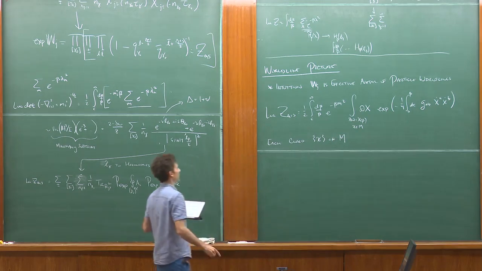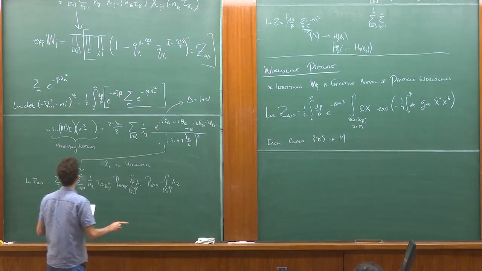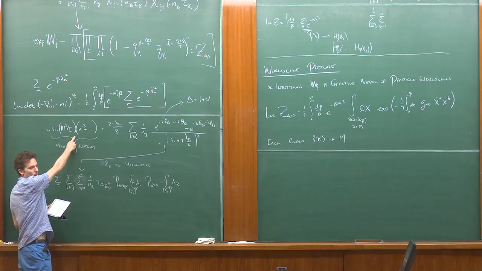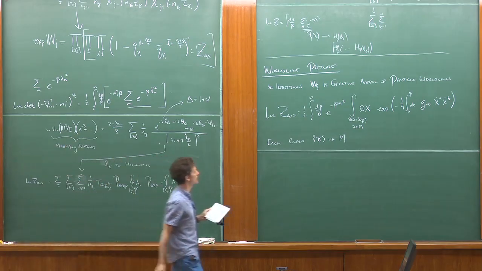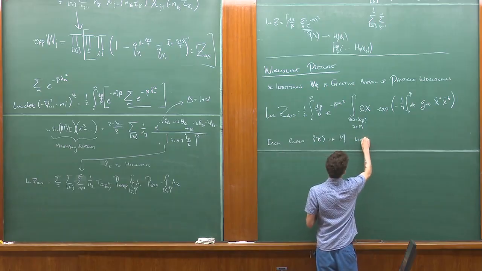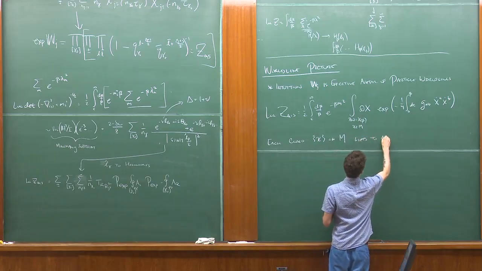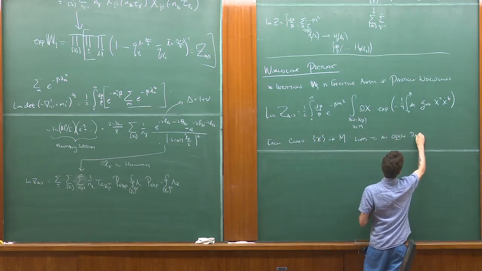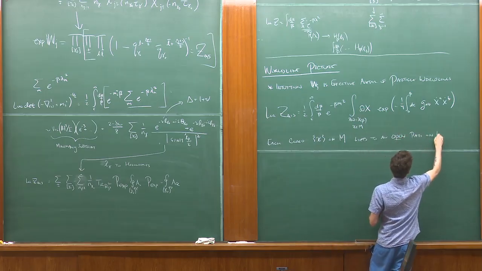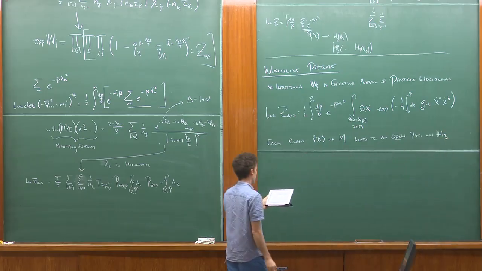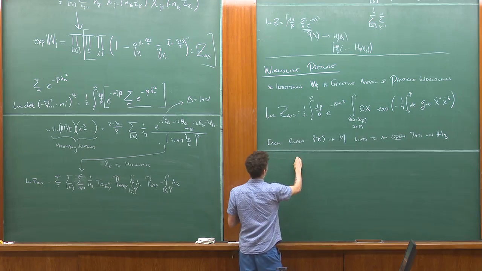Well, maybe I should put an asterisk: if I'm not thinking about the contractible closed paths, which give this divergence. If I'm thinking about the non-contractible closed paths, then each closed path on M lifts to an open path on H3, and we're going to call that open path X tilde.